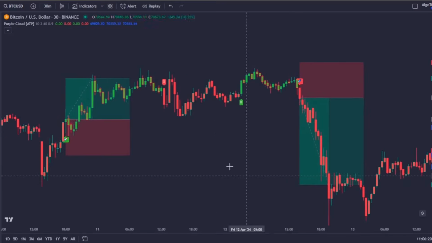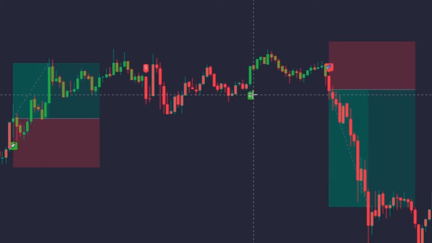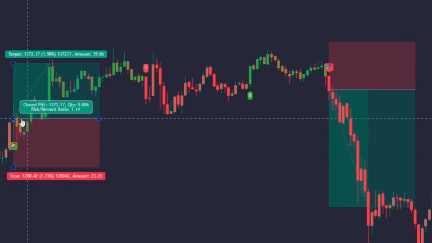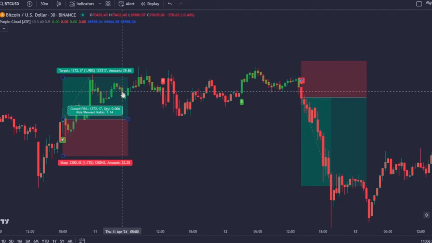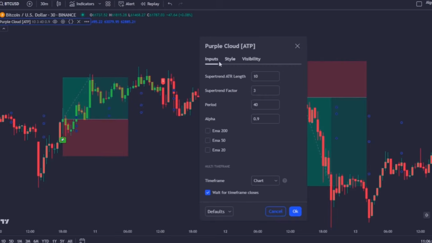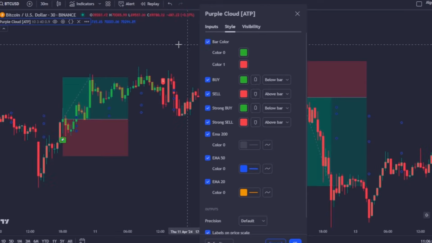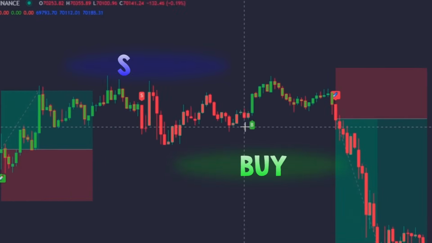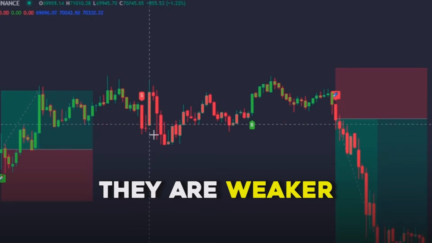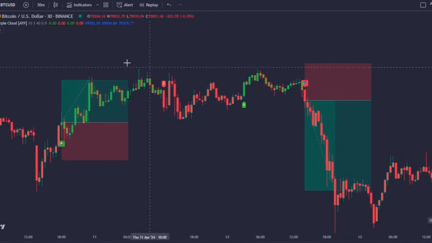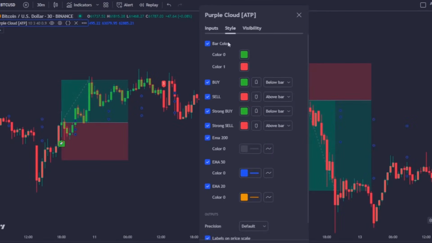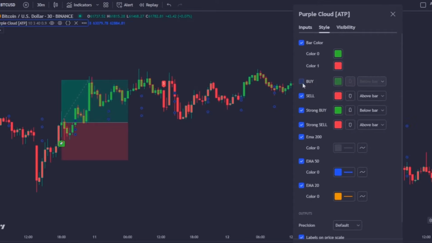You may also notice that this indicator changes the color of the candles depending on the direction of the signals, but you can turn off this function here if you want. Also, as you can see, this indicator sometimes prints these buy and sell signals, but they are weaker compared to these ones. So we'll not use them to enter in positions, and so I will uncheck them here.